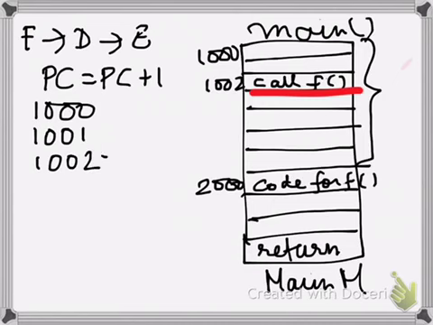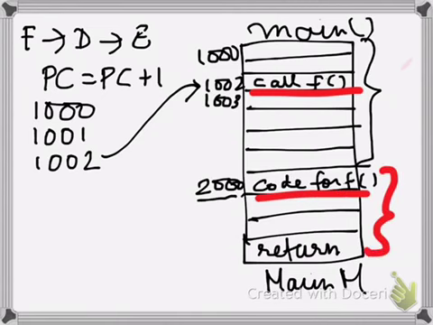If you see, 1002 holds a function call. That means before it can start executing the instruction at 1003, it has to jump to the location where the instructions of function f are present. In this diagram, from address 2000 onwards, the code for function f starts and goes up to here.